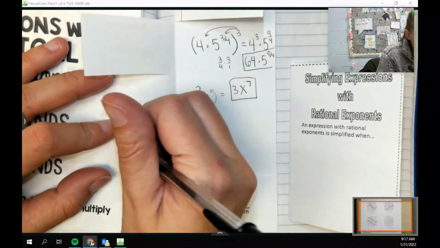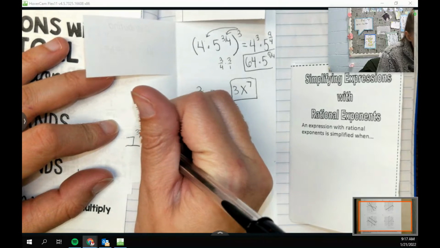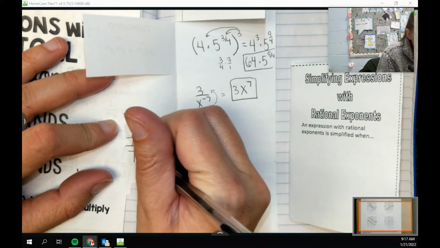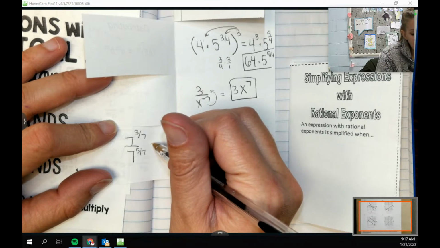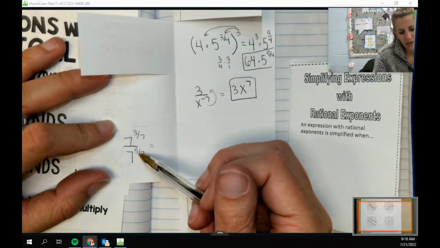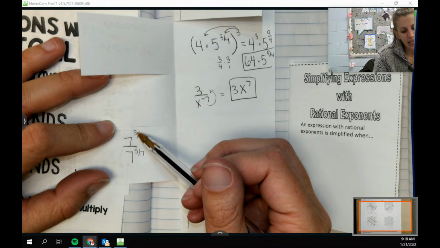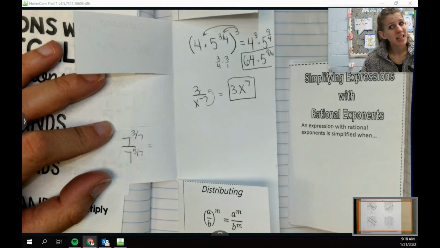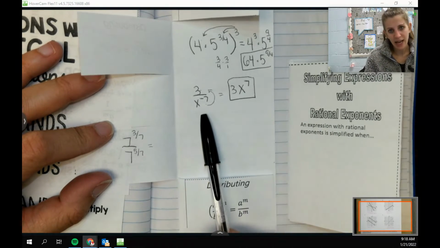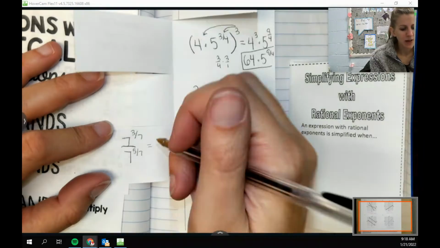So for example, if I had 7 to the 3/7 over 7 to the 5/7. This is actually not so bad for me to subtract in my head because they do have a common denominator. So I can do 3 minus 5. Now if I do 3 minus 5, that's really -2, and then I have to worry about a negative exponent. So instead of all that, I just subtract with an absolute value.